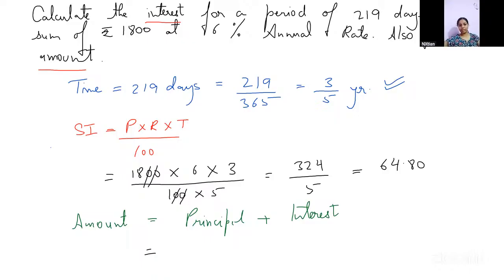I mean, 6.4 by 0.80. No, that is not the principal, Joshua. Look again and tell me what is the principal. Look at the question and tell me what is the principal.